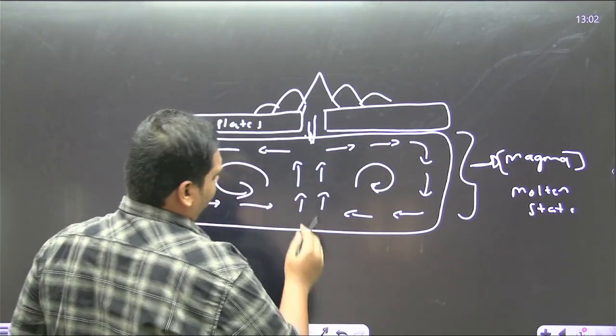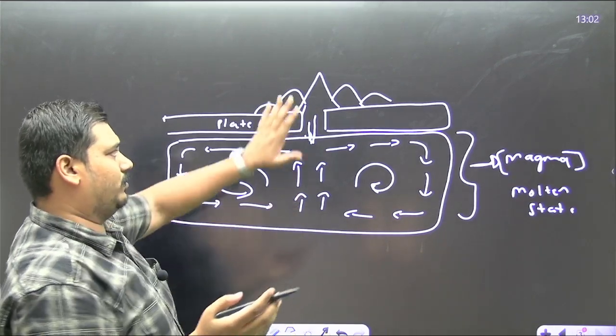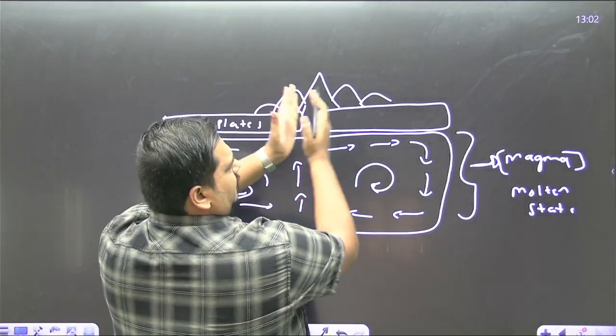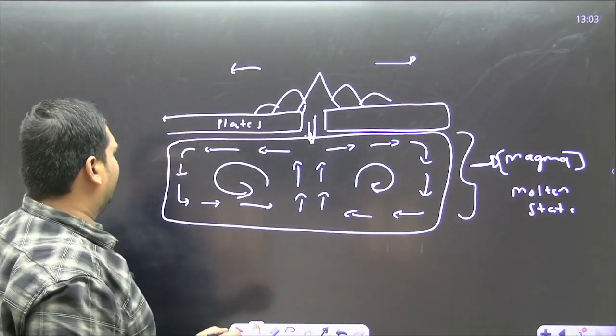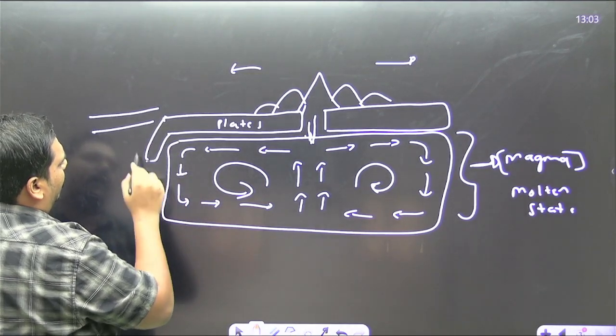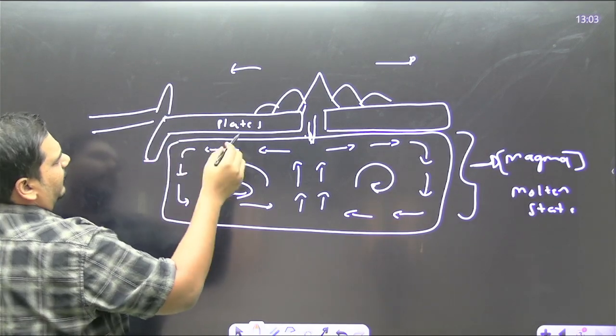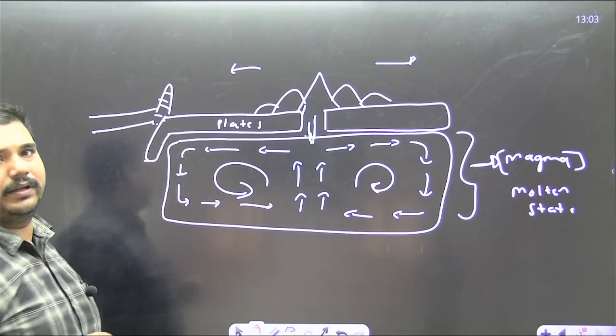In this process, when lava exits the asthenosphere and comes to the surface, it also pushes the plates outwards. Now this plate will subduct under another plate, leading again to the formation of mountains.